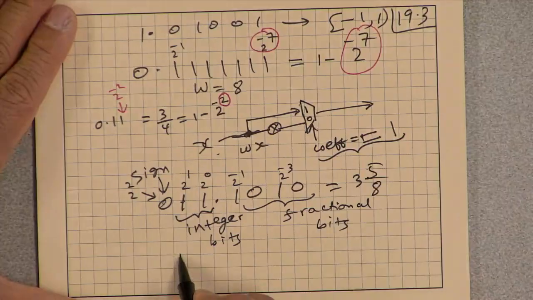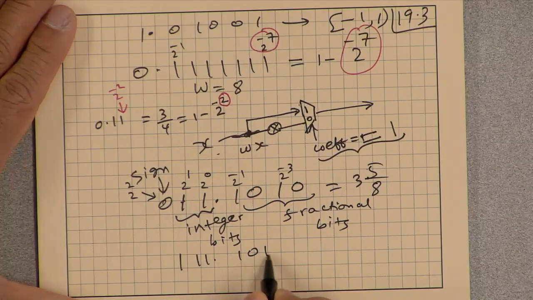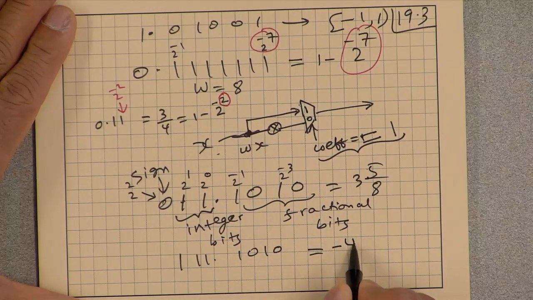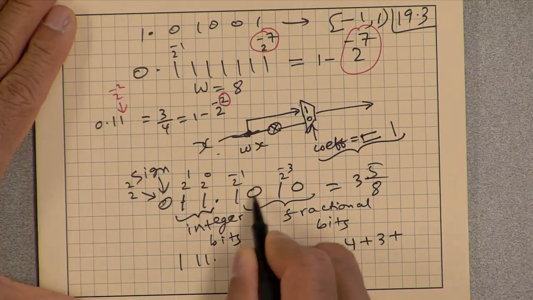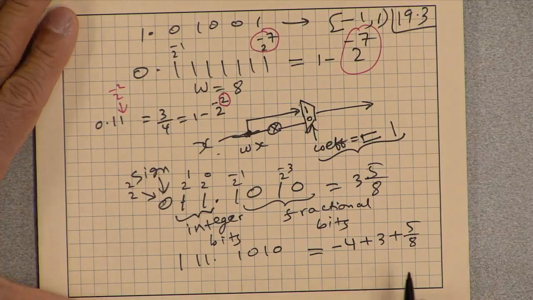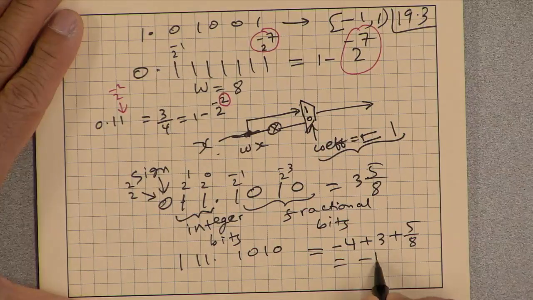And if that number was 1, everything else the same, this would be minus 4 plus 3 plus 5 by 8. So that would be minus 1 plus 5/8, which is minus 3/8.